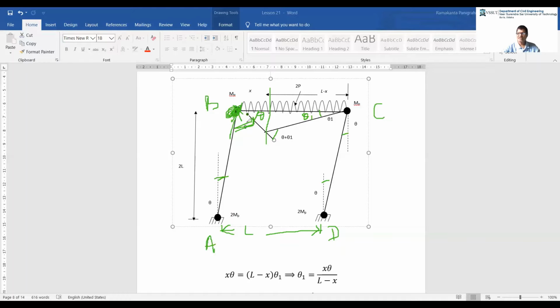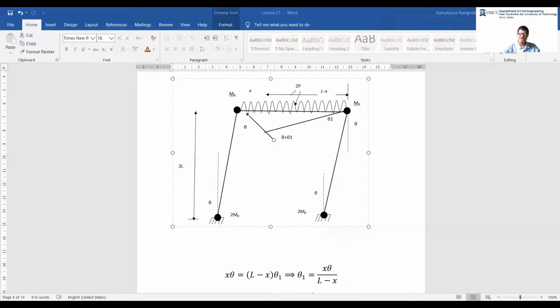So now it is a combined mechanism, not only a single beam mechanism, so we can say that it occurs at the center. Like the previous problem, we can say x theta is equal to L minus x theta 1. So theta 1 in terms of theta we have found out, like we have done in the earlier case. So forget that this hinge is not present here.